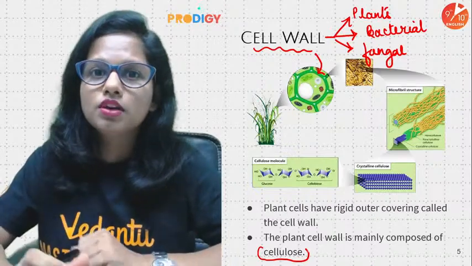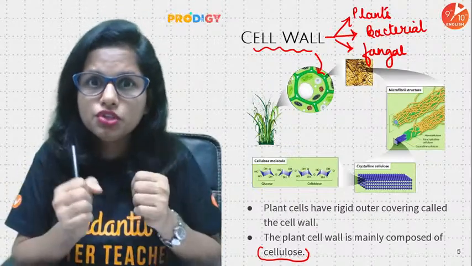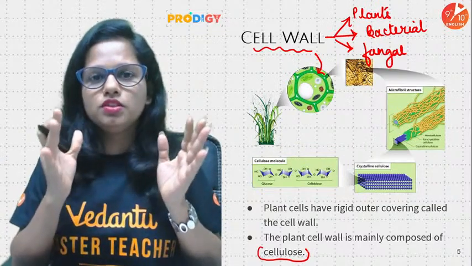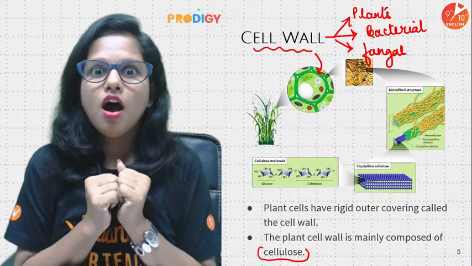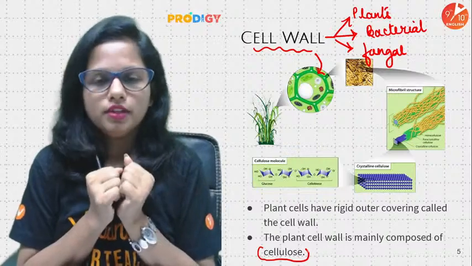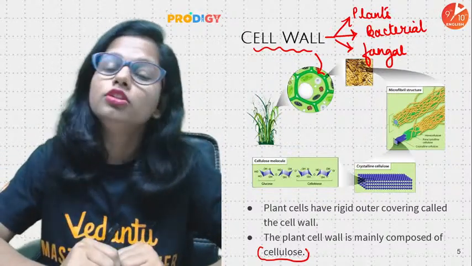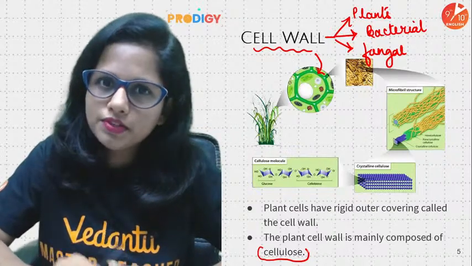This cellulose gives it rigidity, stiffness, mechanical strength. Because of the cellulose, plants are very much stiff, hard. They can't move. Plants are very much stiff and rigid, and that's because of this cellulose. But in plants, it is made up of cellulose.